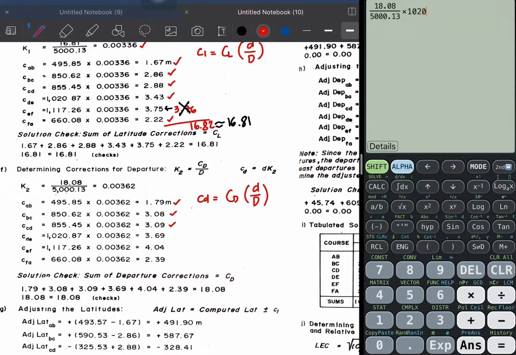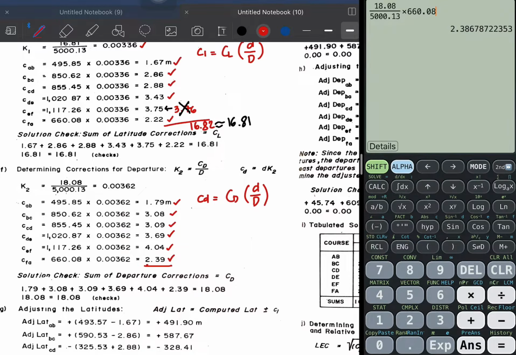Next is 1020.7, so this is correct. And then 1117.26, 4.04. Then last line, that is 660.08, 2.39.